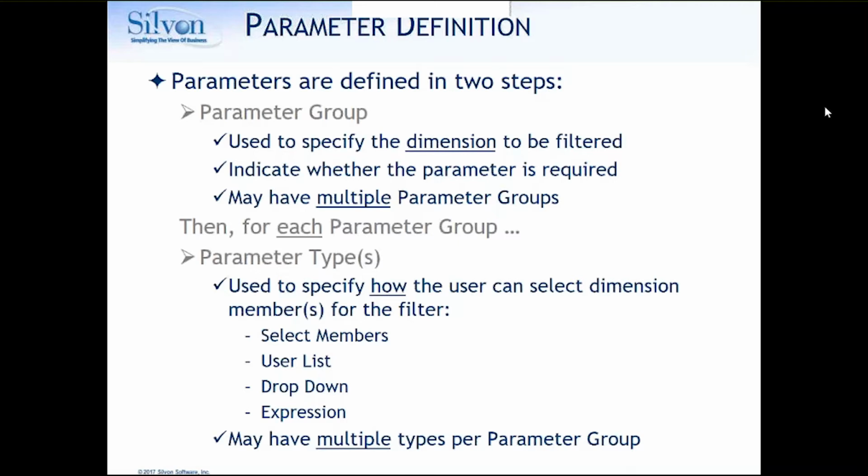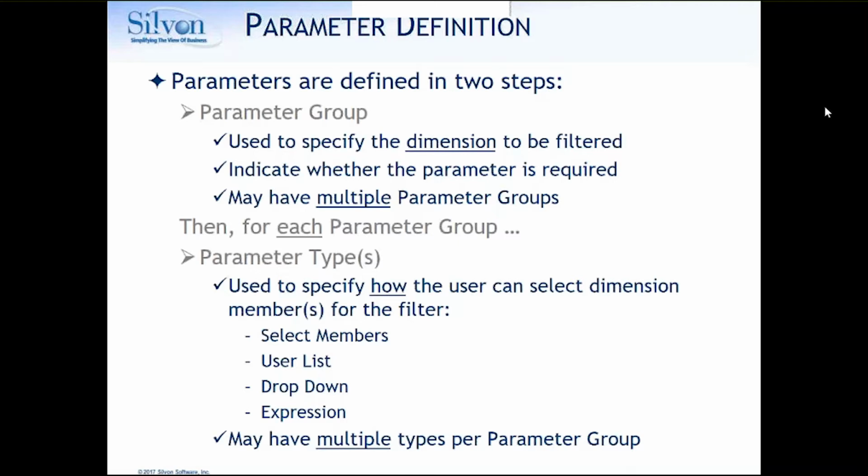Obviously, it's not a good practice to set up a drop-down type parameter for dimensions that have a large number of members, so again, things like items, ship tos, fill tos, because the whole list viewer will attempt to show you the entire list, and then the user can select one of those. They're very good, though, for things like product families, for example, or regions, divisions, things that have a small number of members in that particular dimension.